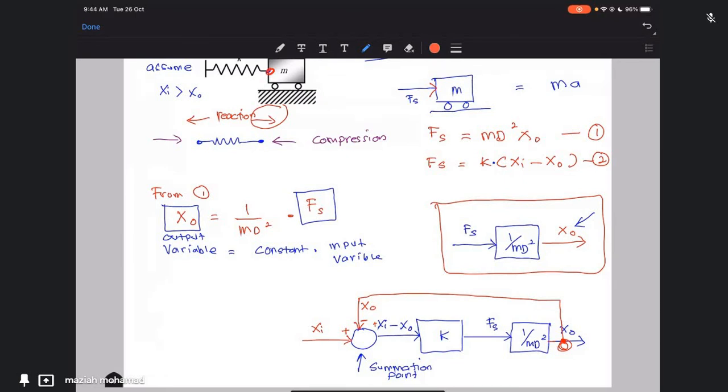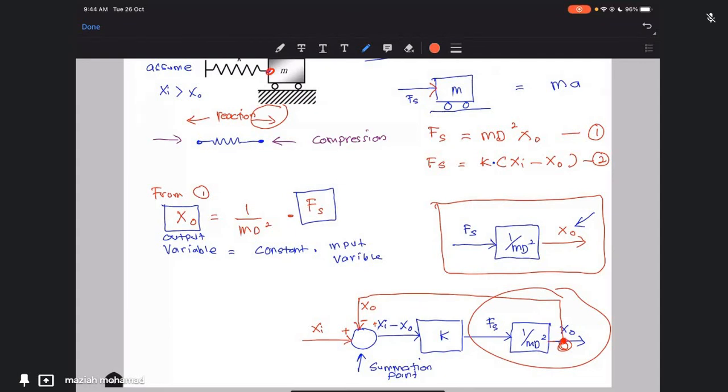So if that is the case, try to find from the block diagram whether the block diagram already contains your variable. In this case, it is x naught. Since x naught is already defined from equation number 1, which is the first term here, because it's already there, we can just use that.